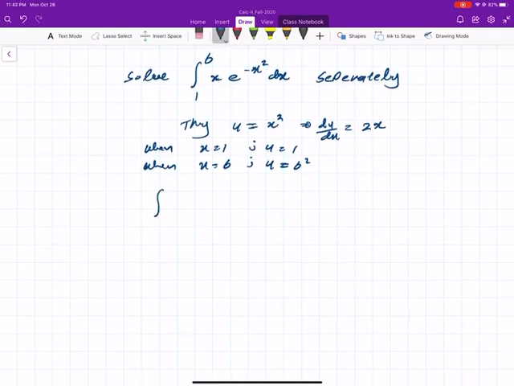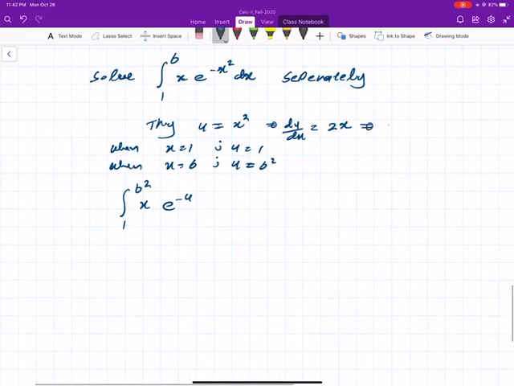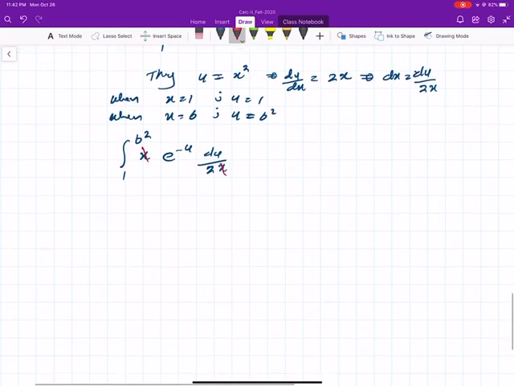Then let me rewrite the problem. It is integration from 1 to b square of x times e to the power negative u. For dx, I can solve for dx: dx equals du over 2x. Now you can cancel this with that. And this equals half integration from 1 to b square of e to the power negative u du.